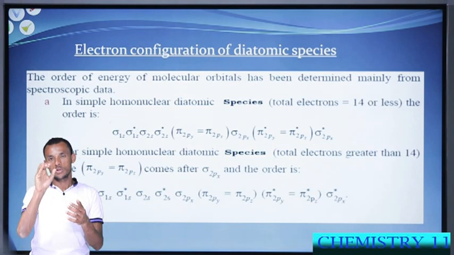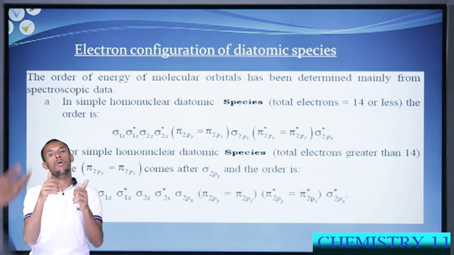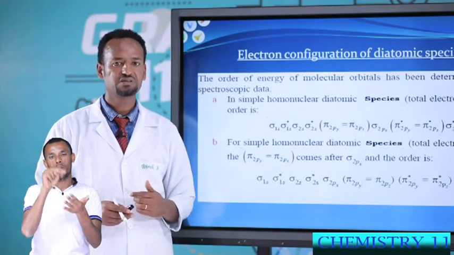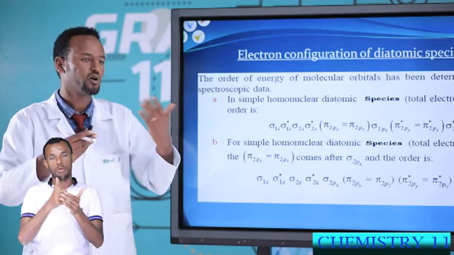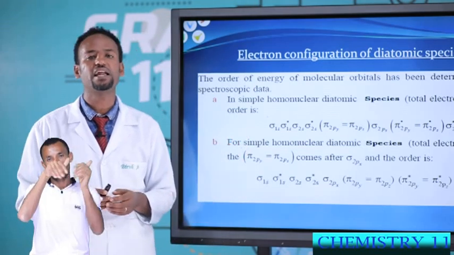There are two types of electron configuration orders. This applies to homonuclear or heteronuclear diatomic species, and it depends on the total number of electrons.